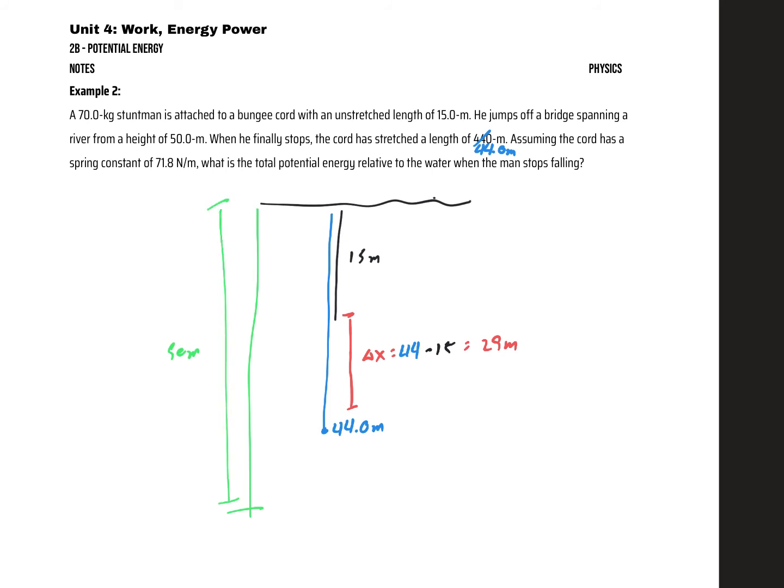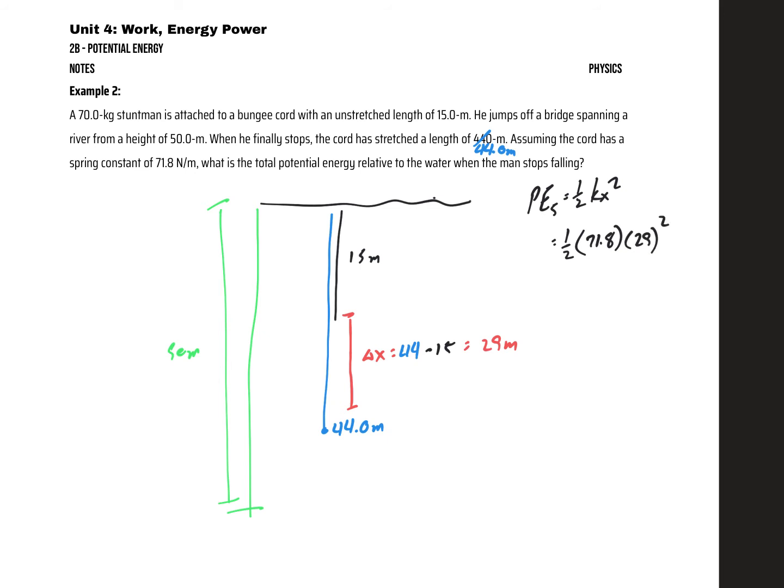There's a little bit of extra energy that we're going to talk about first, but we're going to do the potential energy of the spring first. So it is 1/2 kx squared. It looks like my K value is 71.8. My delta X is 29 squared.